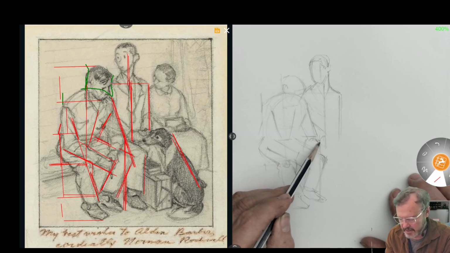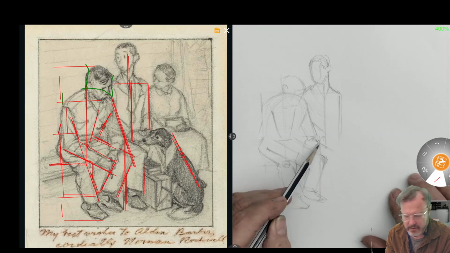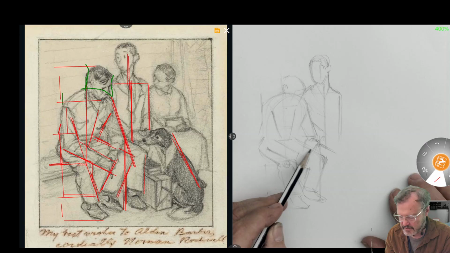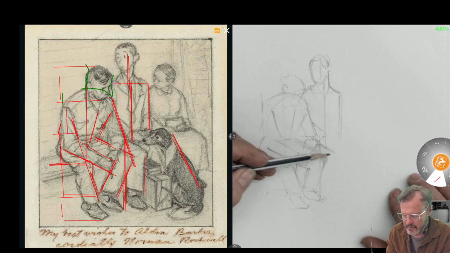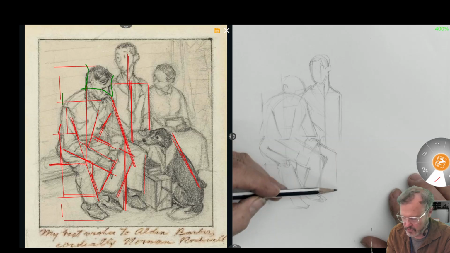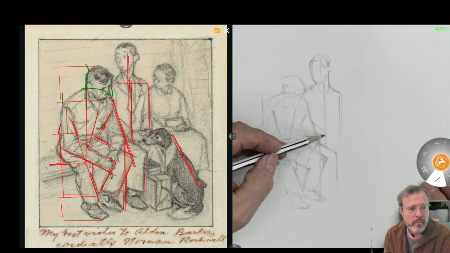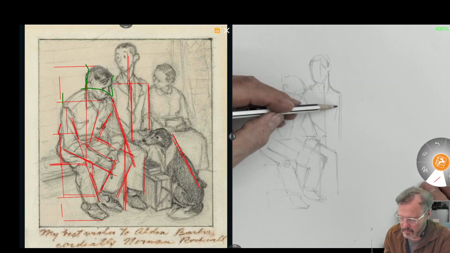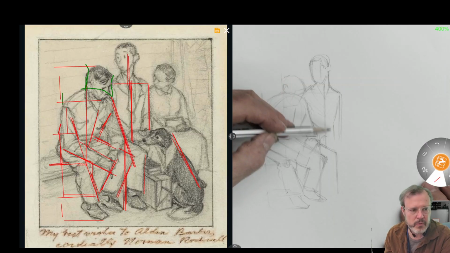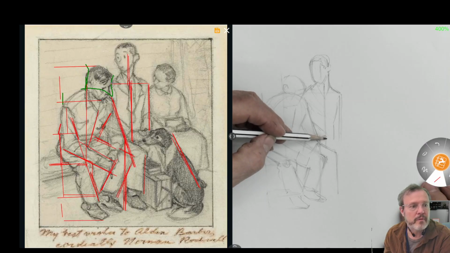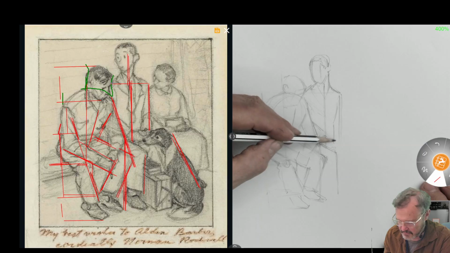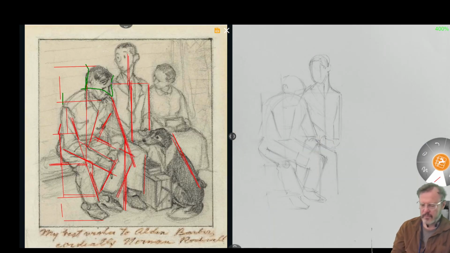And his leg is parallel to his dad's leg. So it follows the dad's direction here, and then it turns vertical right here. There's the front of his suit. And he's got one hand like this, and the other hand, a very polite pose.